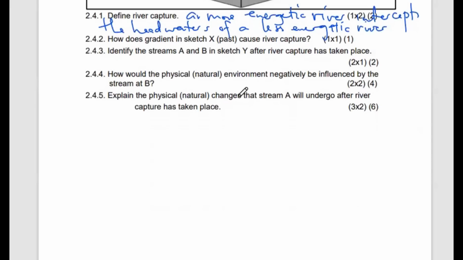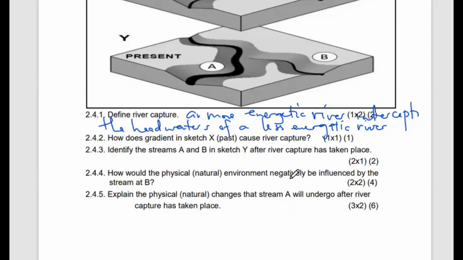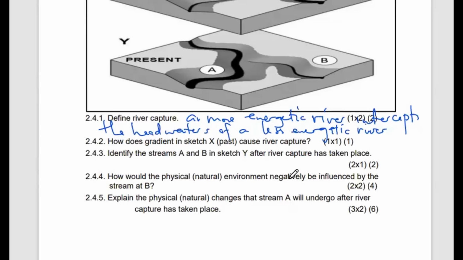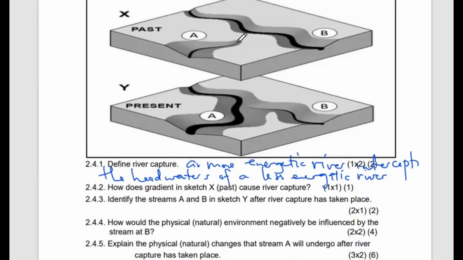Right, how does the gradient in sketch X cause the river capture? The gradient in sketch X. Right, what is the implication there?